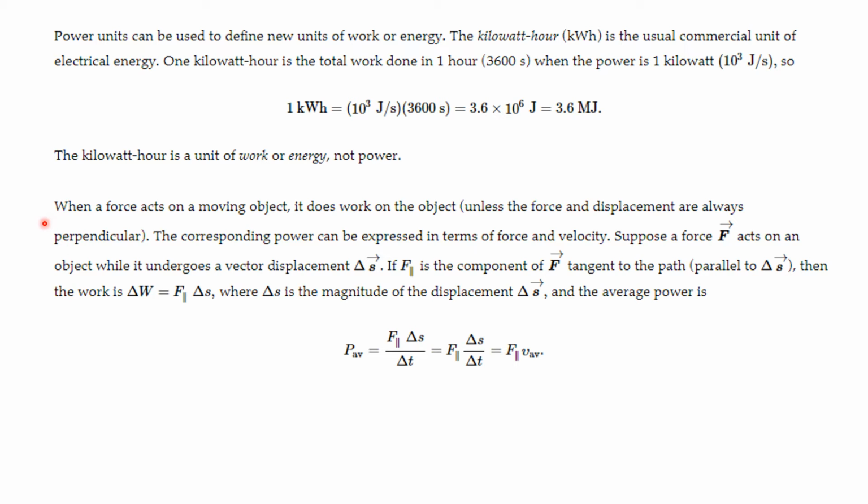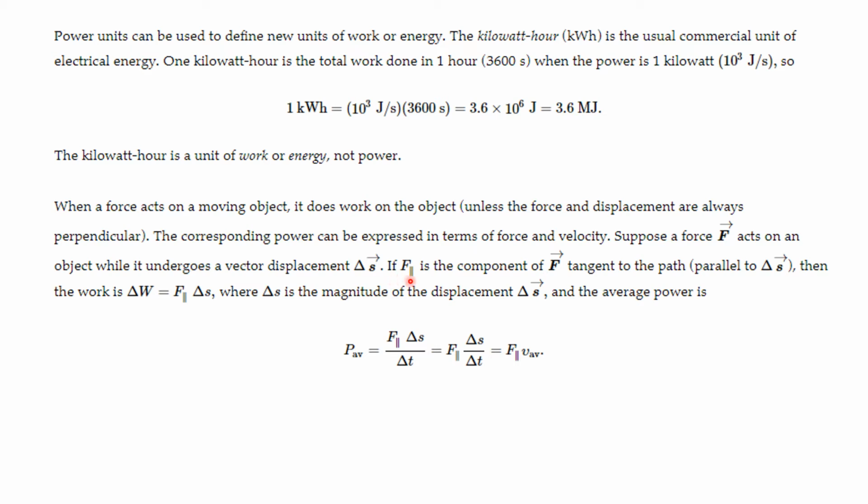When a force acts on a moving object, it does work on the object unless the force and the displacement are perpendicular. We've studied that before. The corresponding power can be represented in terms of force and velocity. And if you think about the units, that makes sense. Suppose that a force, F, this is the vector, acts on an object while it undergoes a displacement of delta S, and this is the delta S direction.